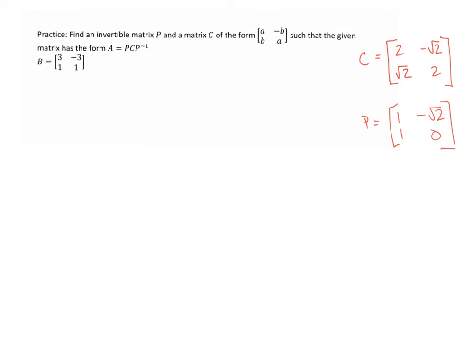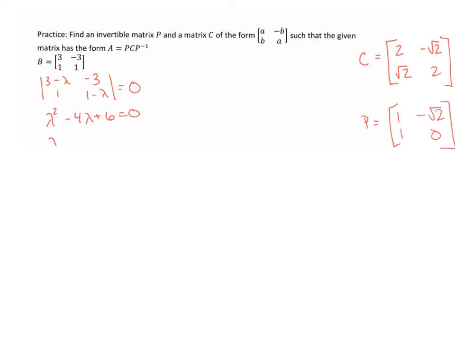So if you did not get that, first we need to find the eigenvalues and one corresponding eigenvector. To find the eigenvalues, I'm going to have 3 minus lambda, -3, 1, 1 minus lambda equals 0. I didn't show much of my work, but lambda squared minus 4 lambda plus 6 is the equation that I found for that.